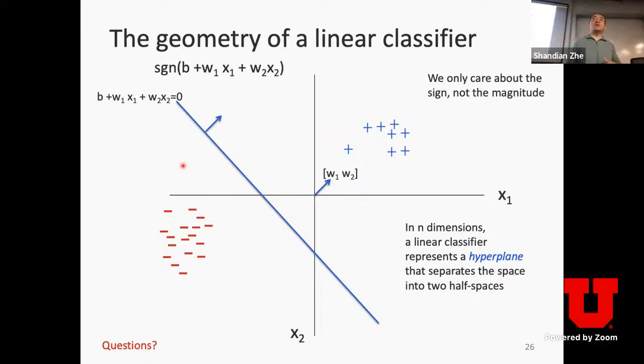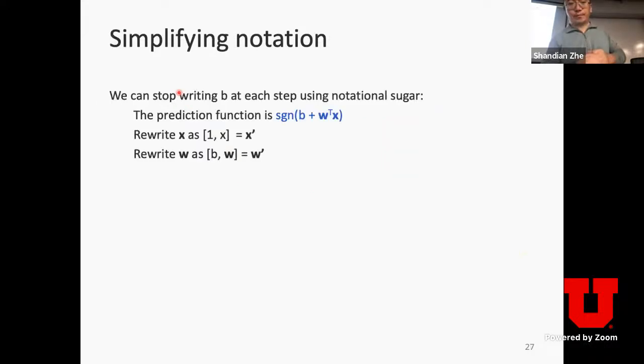In three-dimensional space, this equation is represented by a plane. It separates the whole three-dimensional space into two half spaces. And you can extend this idea into arbitrary dimensional spaces. Then this classification boundary serves as the so-called hyperplane, which splits the space into half spaces.